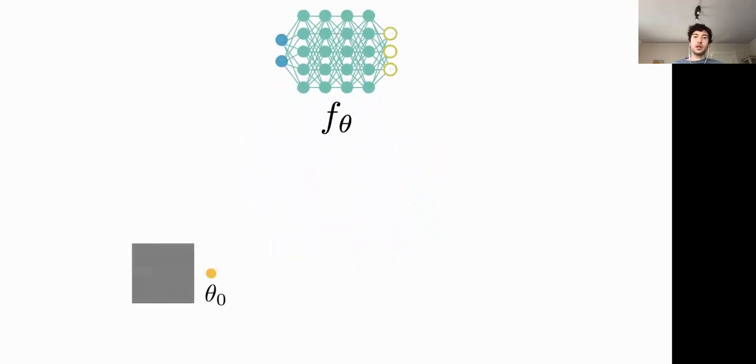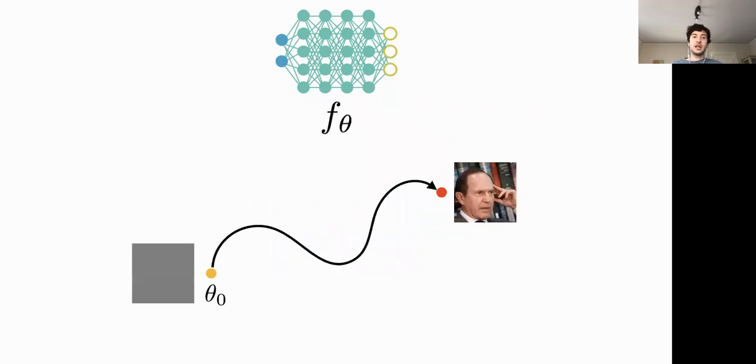At the start of training, if we render an image with these initial weights, we'll obviously get a non-meaningful output. In this case, the output just looks gray. As we train the network, the weights, or theta, will change to fit our target. This is just a toy illustration of the weights moving through some sort of weight space.